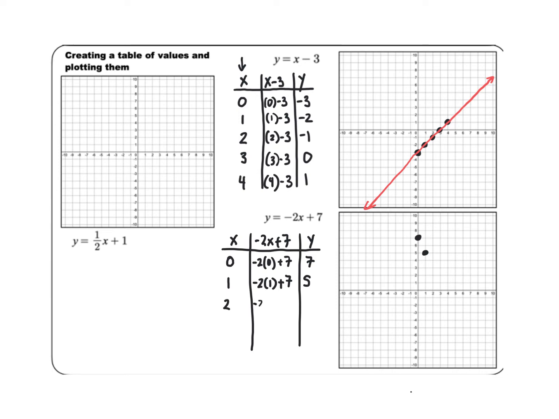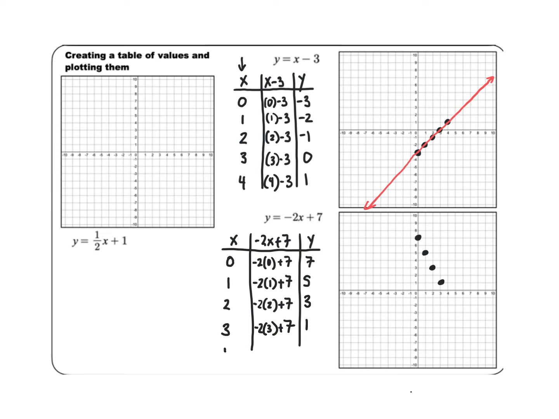2, plugging this in. So I got negative 2 times 2, which is negative 4, plus 7, which is 3. And we got 3. So this is going to give me a negative 6 plus 7, which is 1.